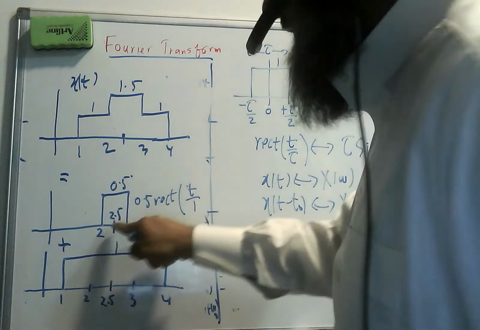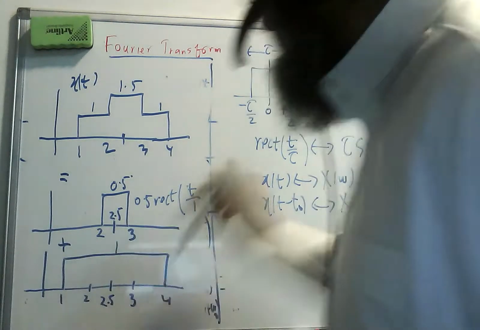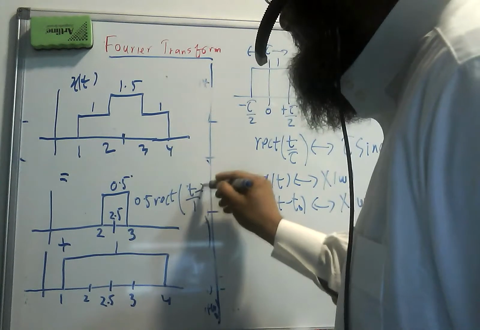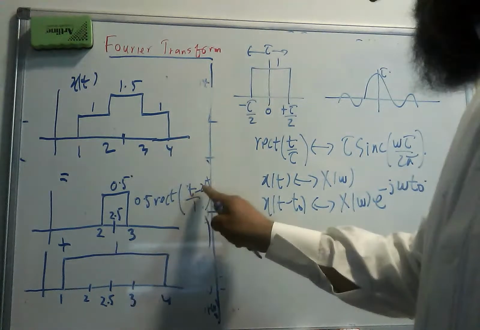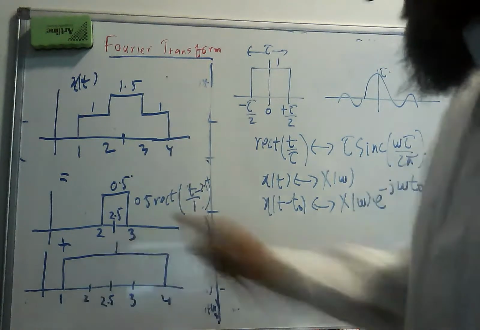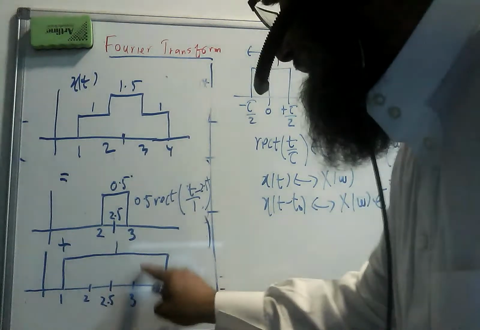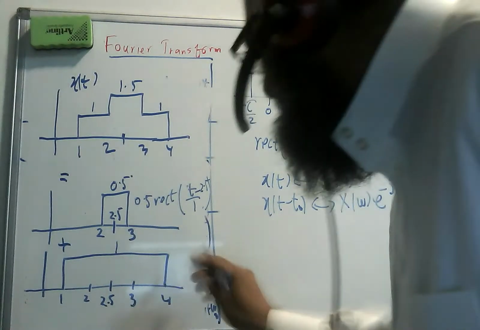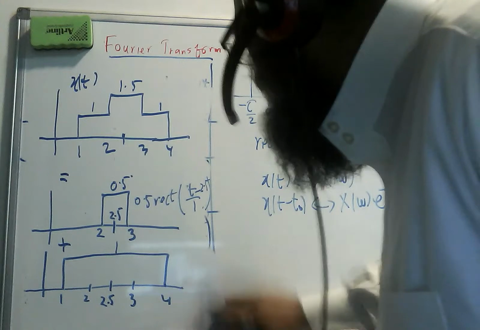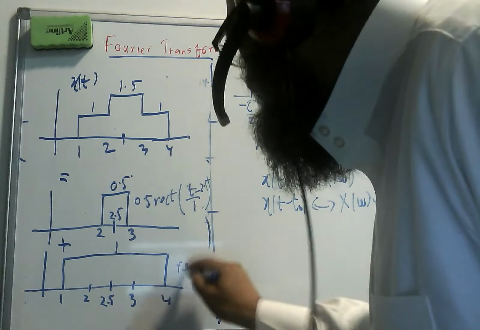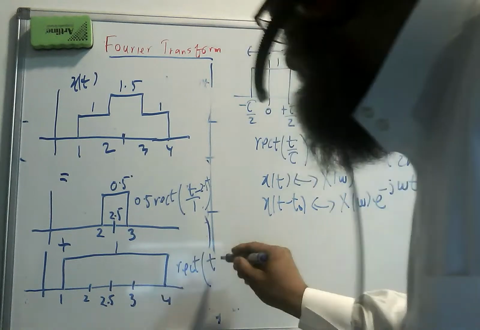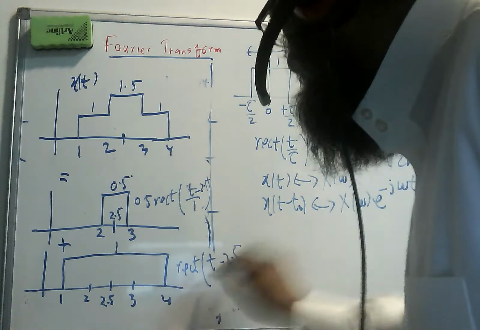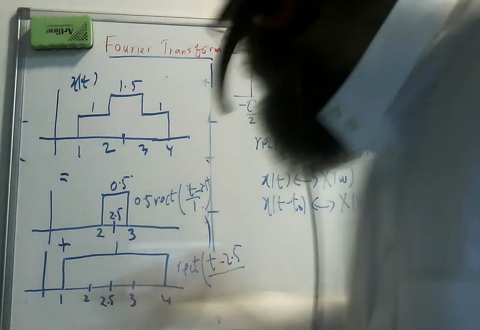And there is a time shift, from 0 to 2.5. So this function is 0.5 rectangular (t minus 2.5) divided by 1. And the second is rectangular (t minus 2.5), again the same shift, but the width is 4 minus 1, which is 3.